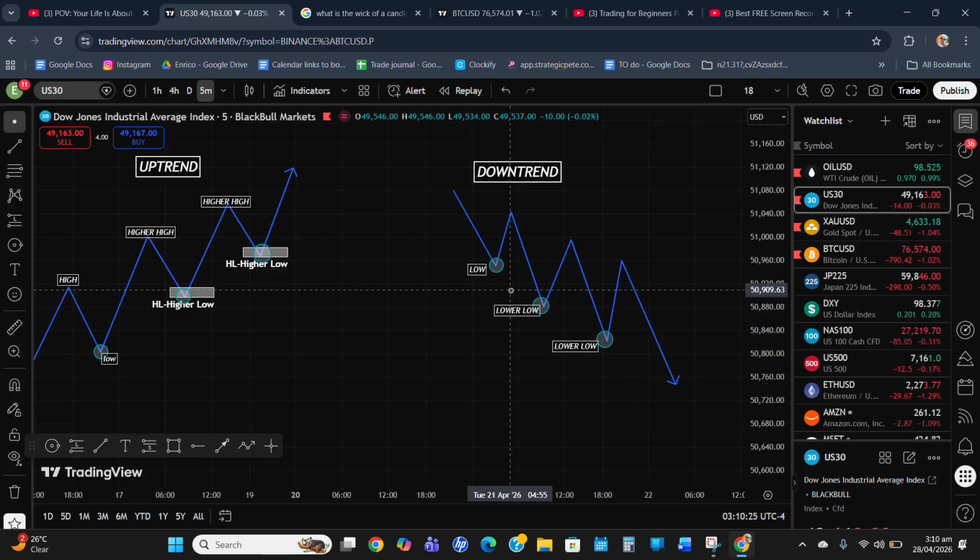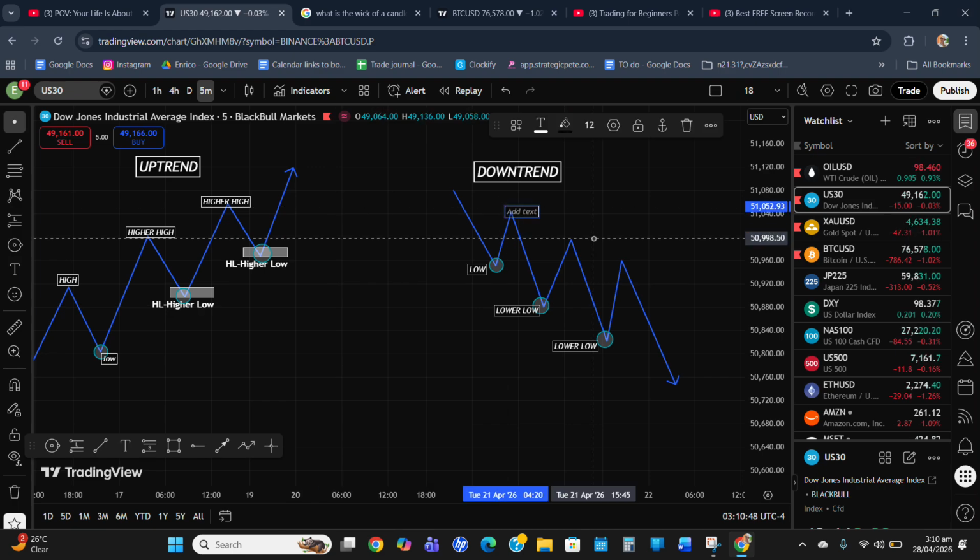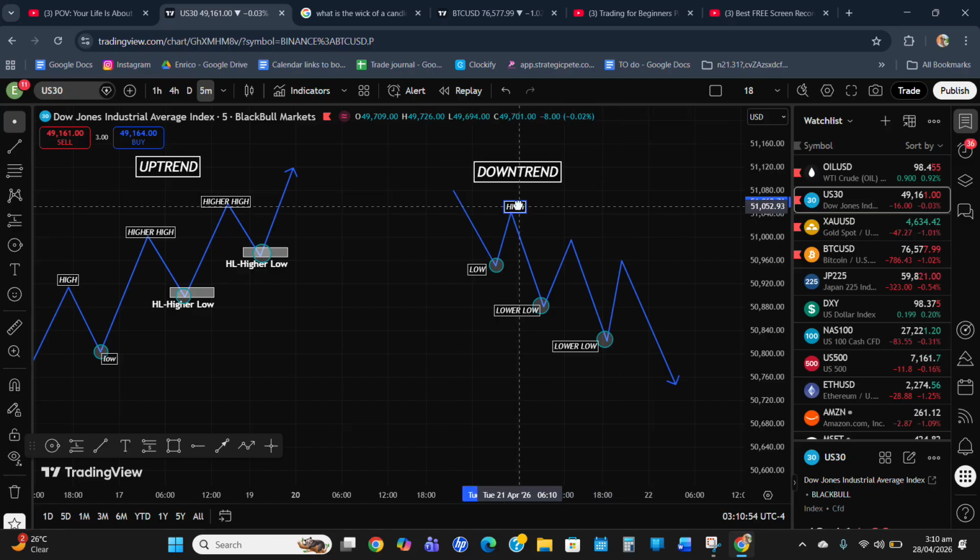Now, within the market, we also have what we call lower highs, right? So although we're in a downtrend, we still create highs in the market. So we created a low, then we pull back, created a high. For example, this would be a high in the market.